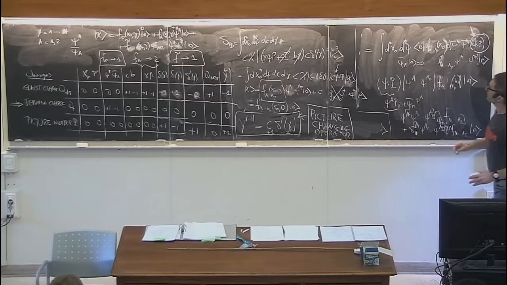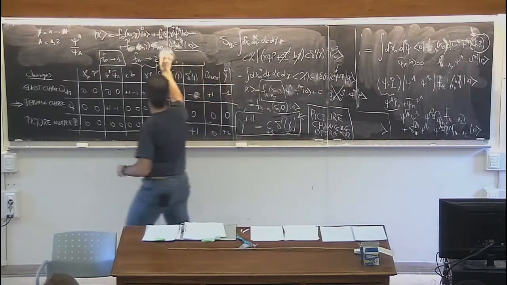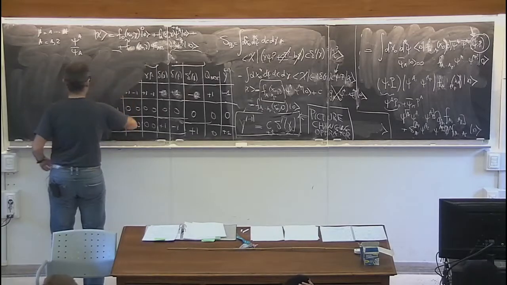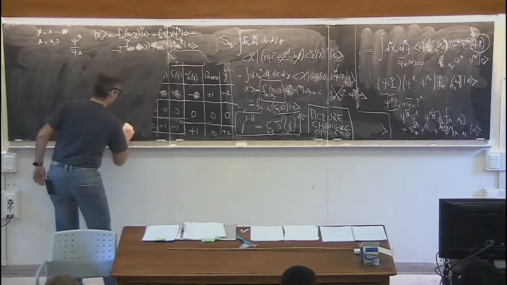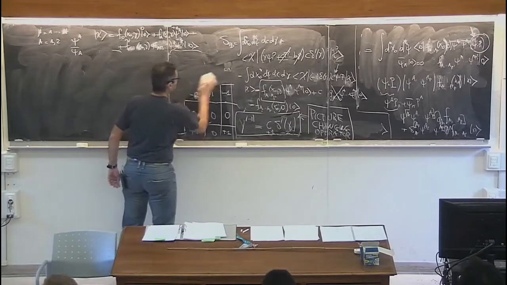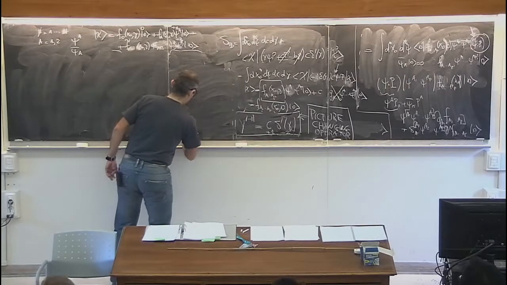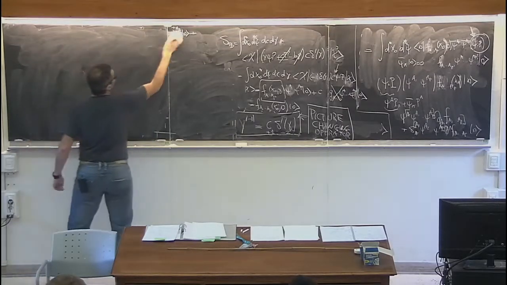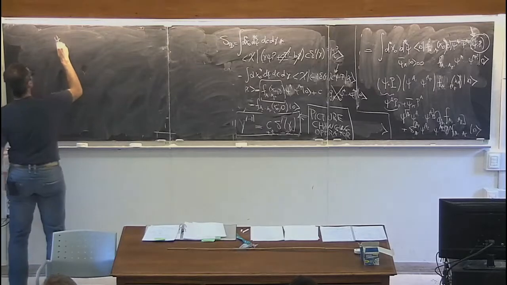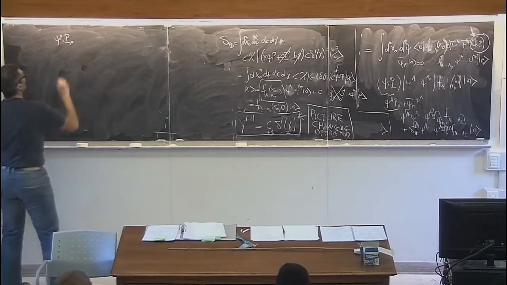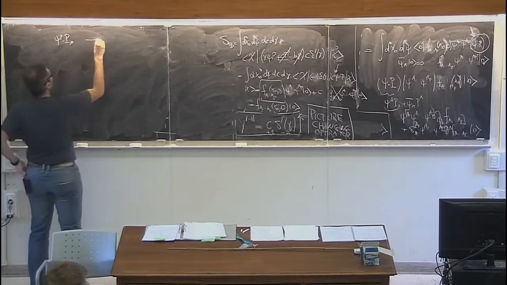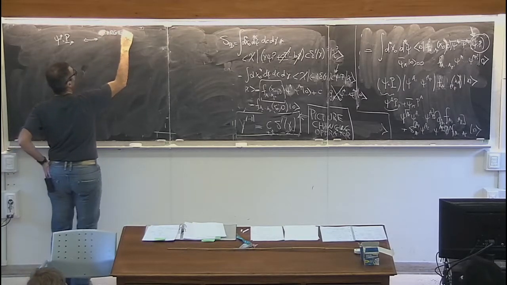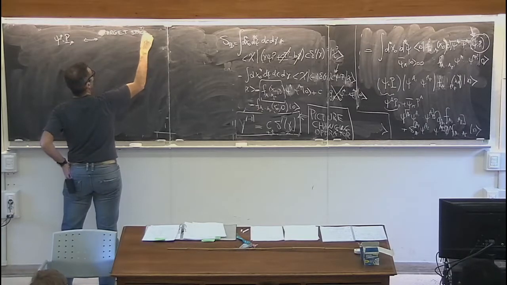Due to the commutation relations that we have established, this object here, psi mu times p mu, corresponds in the target space to the Dirac operator.